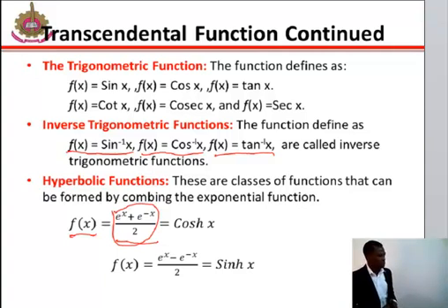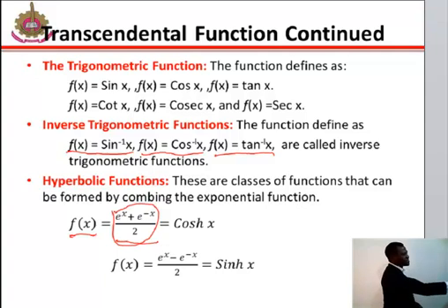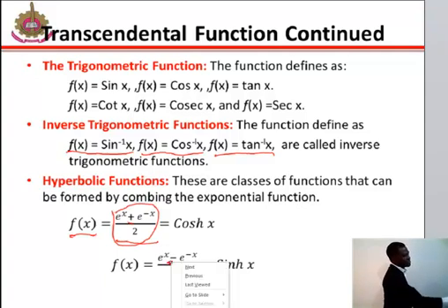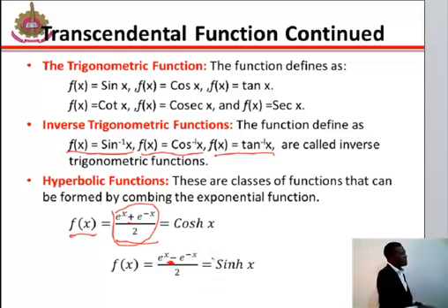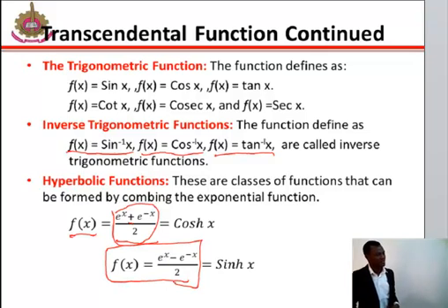And also, if the positive sign changes to a negative sign, that is, f of x equals e to the x minus e to the minus x all over 2, then this gives us sinh x.